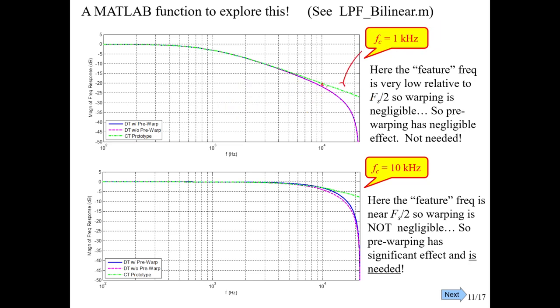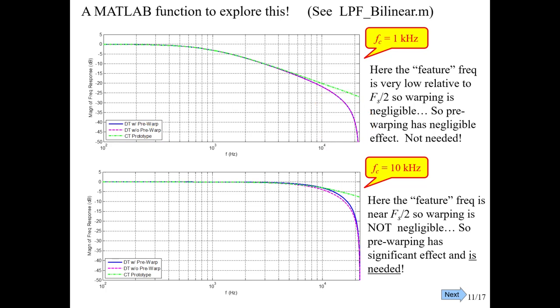You can see that it will just keep going down at a minus 6 dB per octave, or minus 20 dB per decade slope, like we would expect from our Bode plot view. And then here are the two designs, both with and without pre-warp. The blue is with pre-warp, and the magenta dashed is without pre-warp. And you see those are virtually identical.